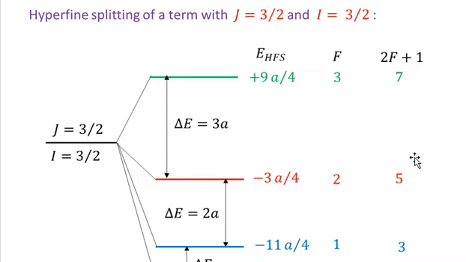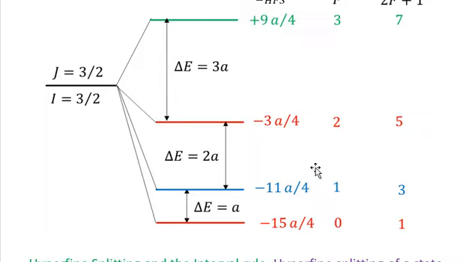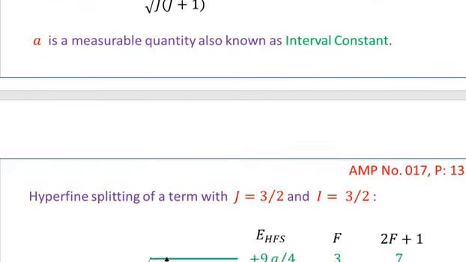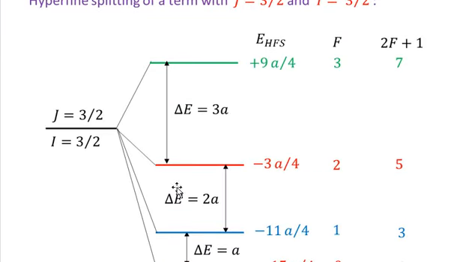Similarly, corresponding to the quantum number f equal to 2, shown over here, you can put f equal to 2, j equal to 3 by 2, and I equal to 3 by 2 in equation number 26, and you can compute the E_HF energy. That is the hyperfine structure energy corresponding to this level, which is minus 3A over 4.